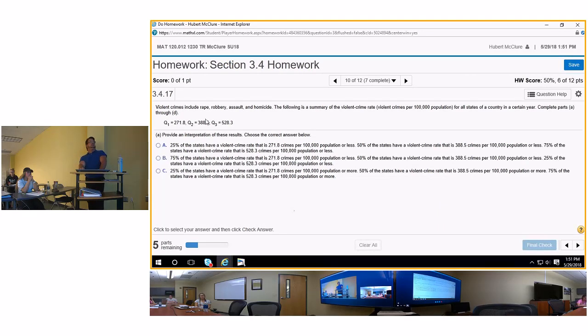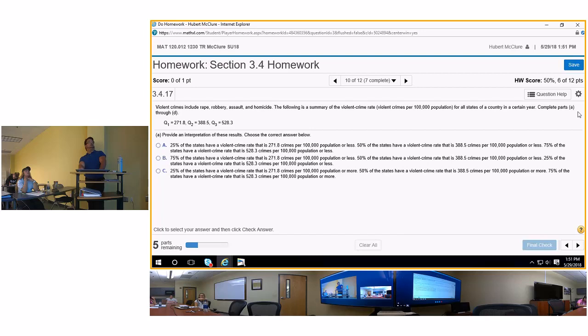Violent crimes include rape, robbery, assault, and homicide. The following is a summary of the violent crime rate of 100,000 people of all states of the country in a certain year.